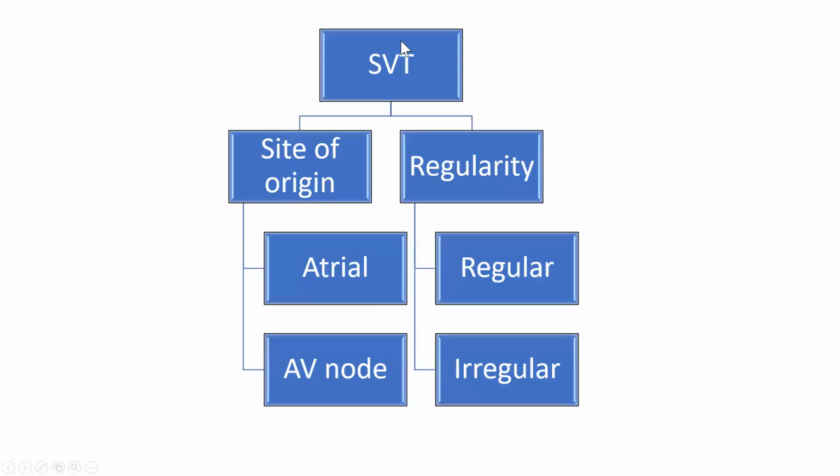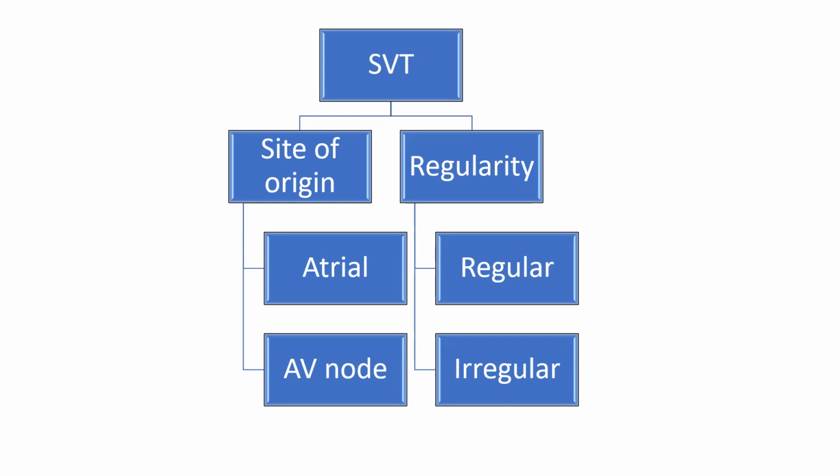Let's talk about the classification of supraventricular tachycardia. The classification actually depends on only two things: the site of origin and the regularity. The site of origin could be the atrium itself, the atrial wall, or the AV node itself. And regularity could be regular or irregular.